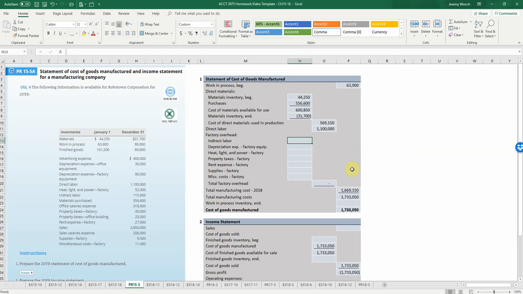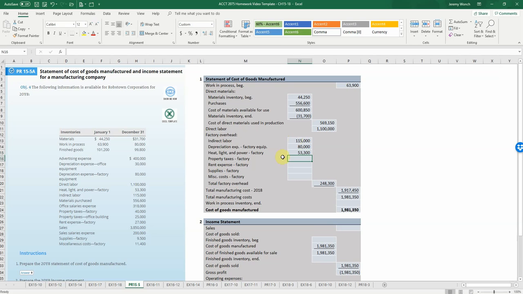Let's start with our factory labor of 115,000, and then our depreciation expense for the factory at 80,000, and then our heat and light expenses related to the factory, that's 53,300.